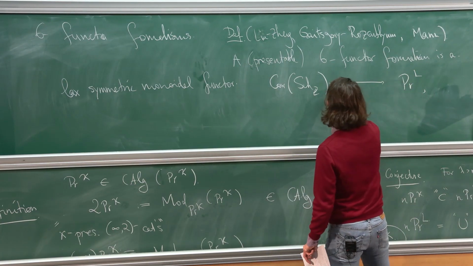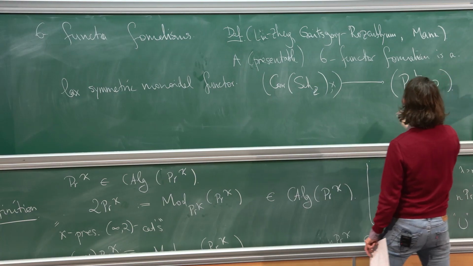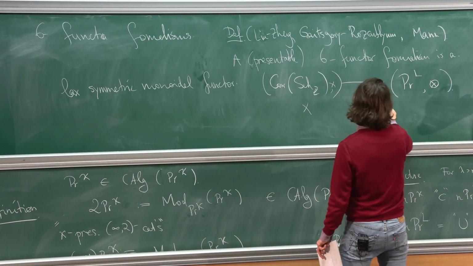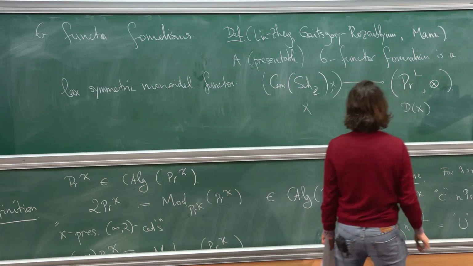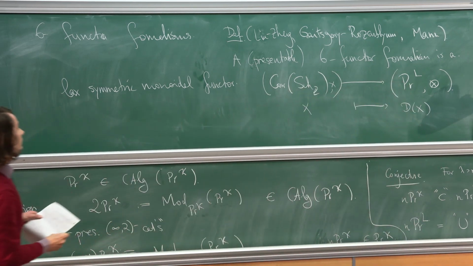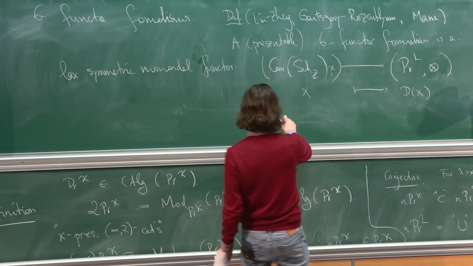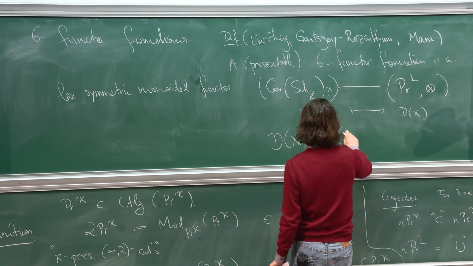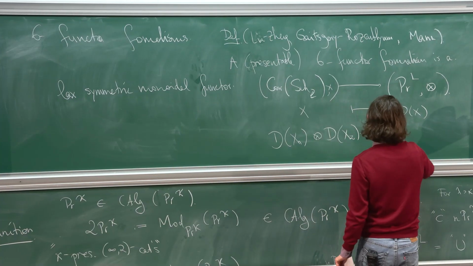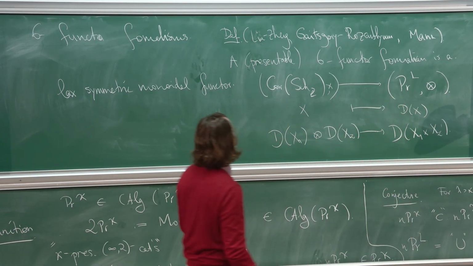Here we take just the product of varieties, and here a tensor product. So you send any X to some D of X. And the Lex symmetric monoidality means that there's some kind of exterior tensor product: the derived category of X1 tensor the derived category of X2 maps to the derived category of the fiber product.